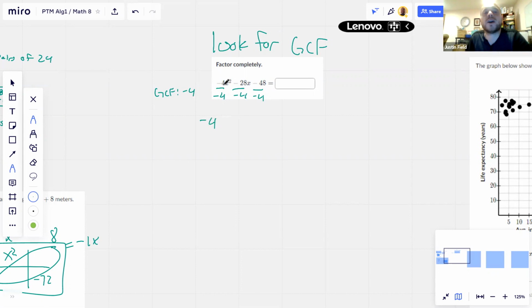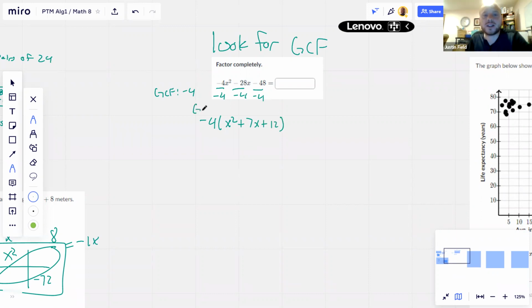So when we divide and put it out front, this would be just x squared. A negative and a negative is a positive. 28 divided by 4 is 7x, and 48 divided by 4 is 12. Again, a negative divided by a negative.